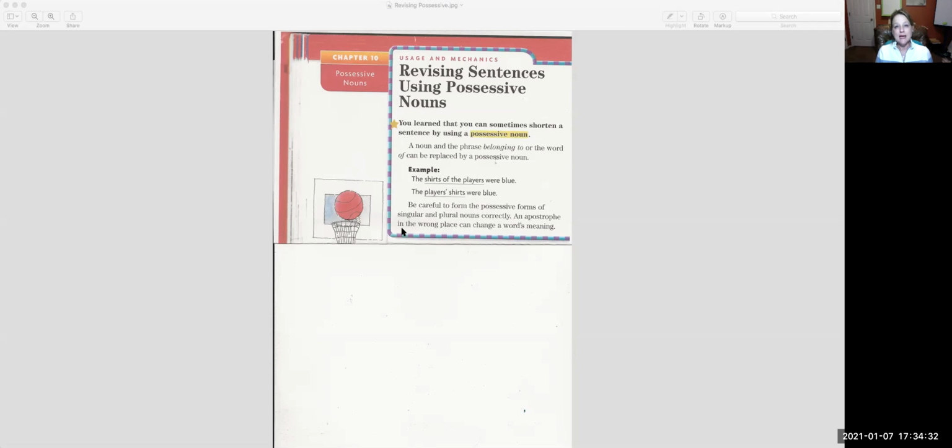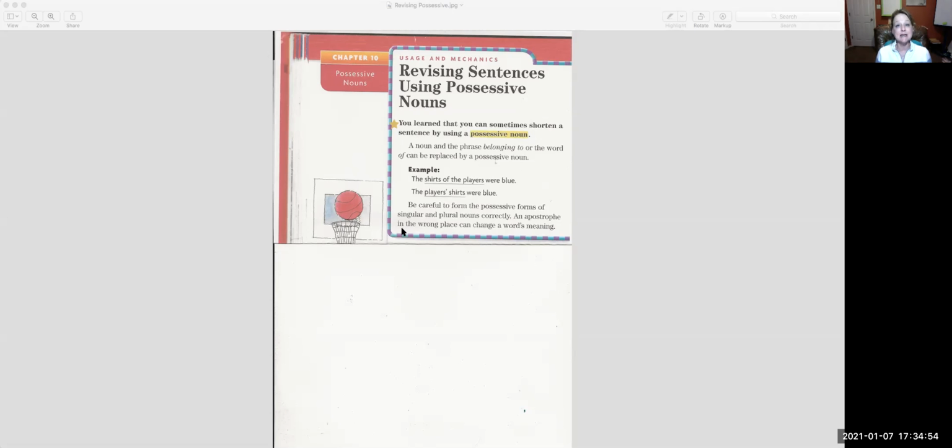For a singular noun, we place an apostrophe S after the noun. And then you have plural nouns. Usually when we make a noun plural, we add an S to the end of it. So all you have to do is add an apostrophe to the end of the plural noun.